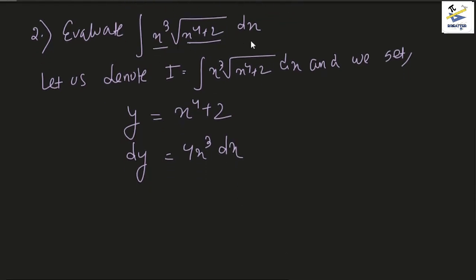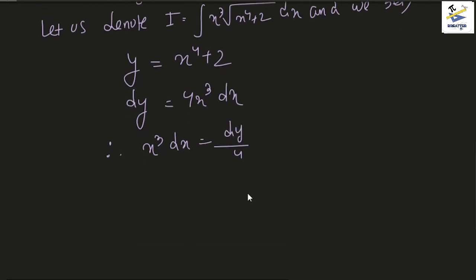And we want the value for x cube dx in terms of y, so x cube dx is just dy by 4.